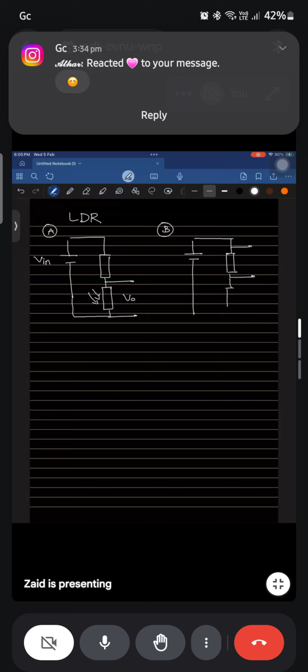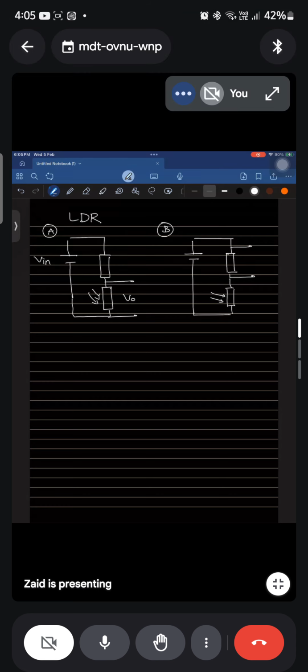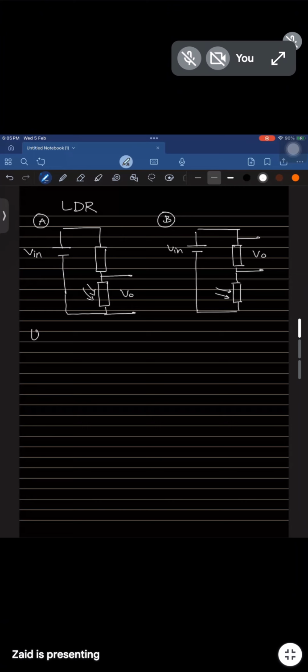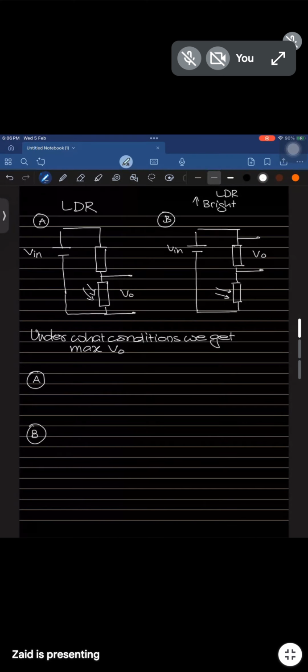Okay, ji. Under what conditions? For LDR, if we have more light, that means brightness, then the resistance of the LDR is going to decrease and we will have a low voltage.